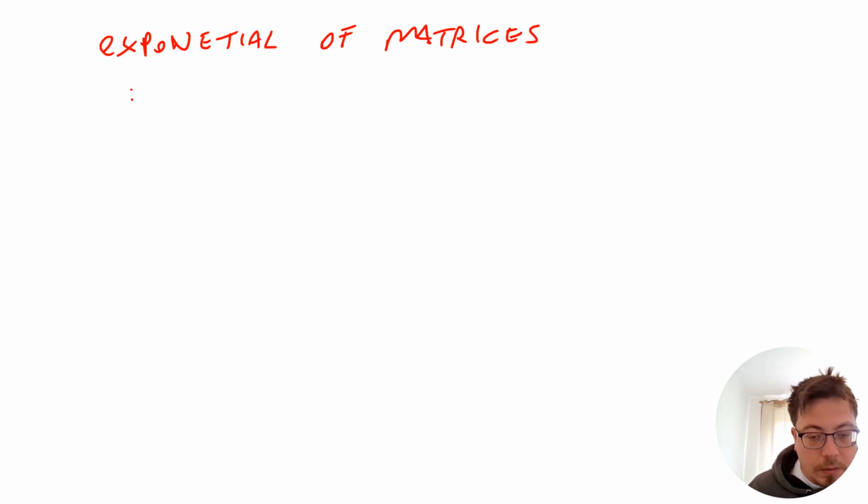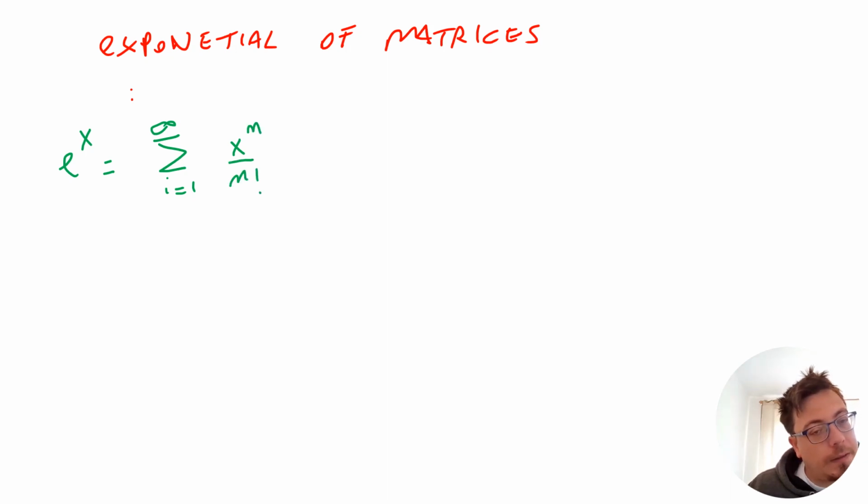We know from our video on exponential functions that e to the x can be written as a sum of infinitely many terms, where x is exponentiated to the n, and then there is n factorial. I'm not going to go over this again.